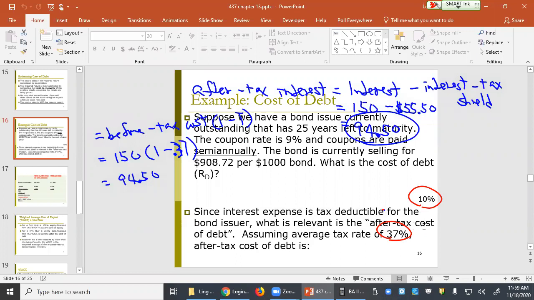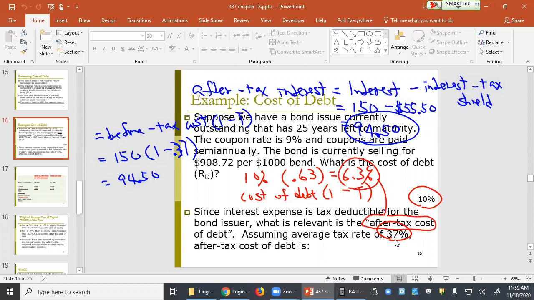It is the yield to maturity multiplied by 1 minus t. Very simple. So 10% multiplied by 1 minus 0.37, that's 0.63, so you get 6.3% as the after-tax cost of debt. The pre-tax cost of debt is just the yield to maturity of 10% that we solved earlier.